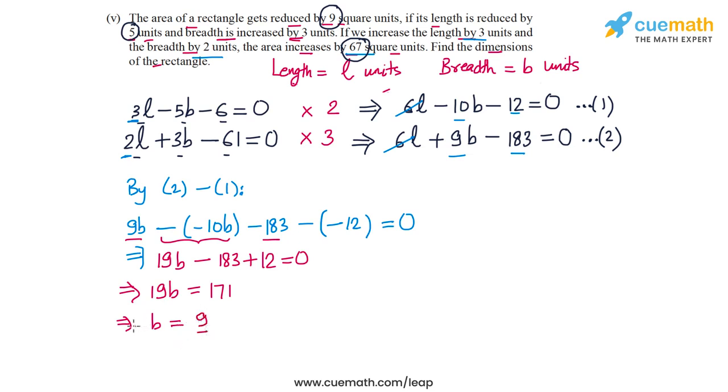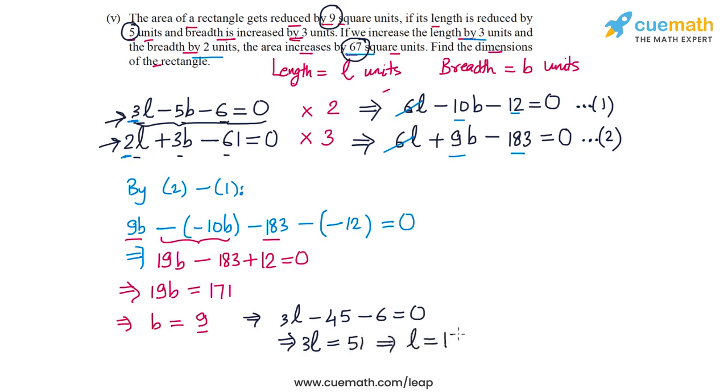So B is equal to 9, and now we can substitute this value of B into any of these original equations and find the value of L. So let's substitute this into the first equation, 3L minus 5B minus 6 equal to 0. So from here we get 3L minus 5B, so that's minus 45, minus 6 is equal to 0, and this means that 3L is equal to 51, or L is equal to 17.